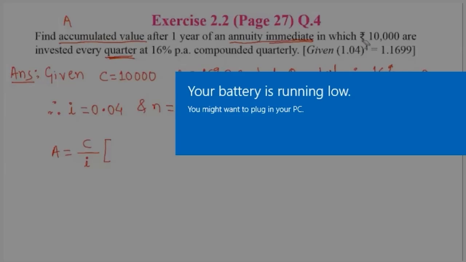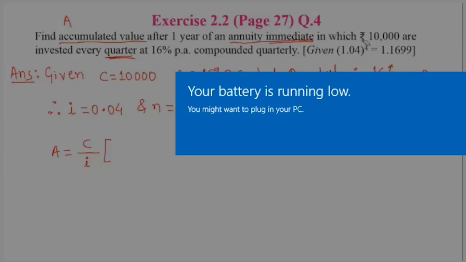Formula by heart करो. In fact, write formula 4-5 times without looking. By heart हो जाएगा formula. So that is equal to C, 10,000 upon 0.04 square bracket, round bracket open 1 plus I. What is I? 0.04.